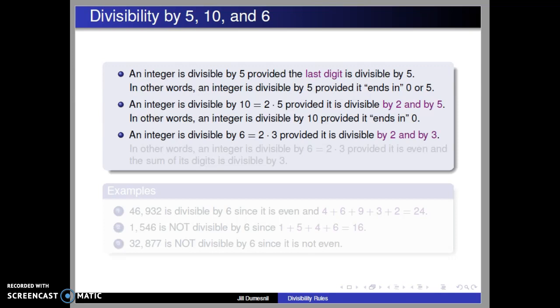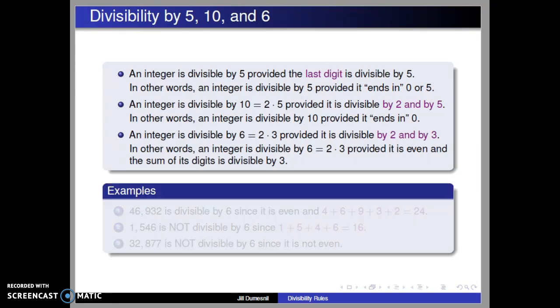The rule for divisibility by 6 is similar to the rule for 10. An integer is divisible by 6 provided it is divisible by both 2 and 3. Thus, the number must be even and its digits must sum to a multiple of 3. A few examples will be useful.